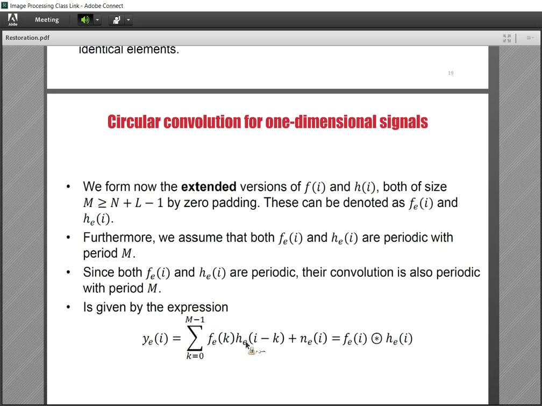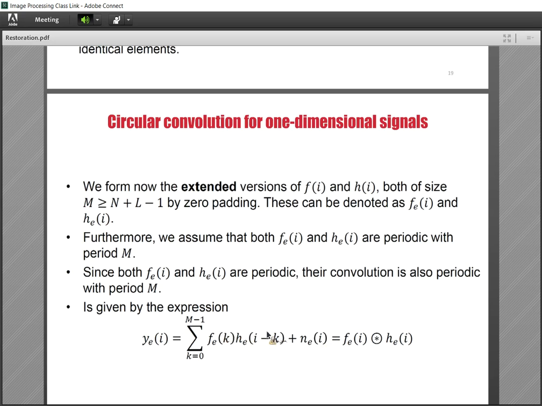of f extended k, h extended i minus k, and maybe plus n extended.